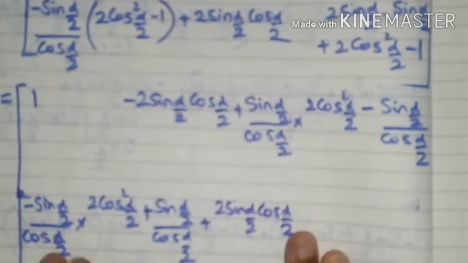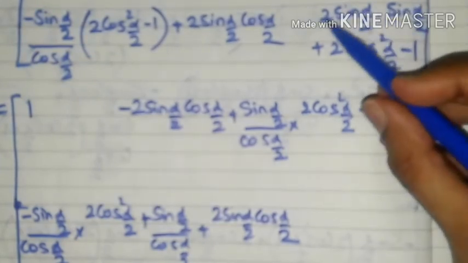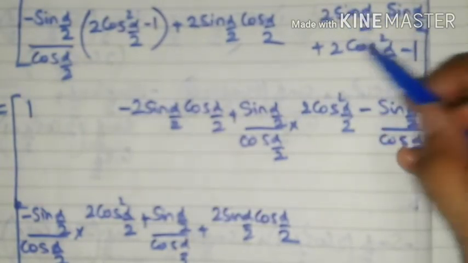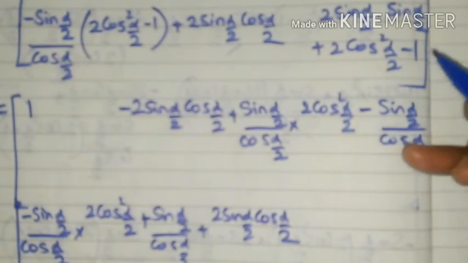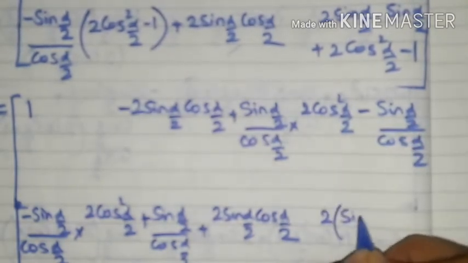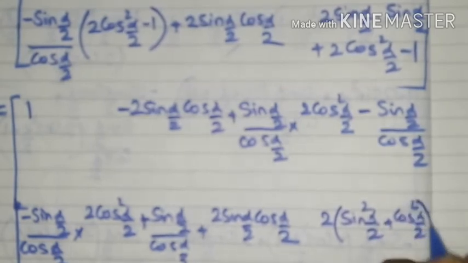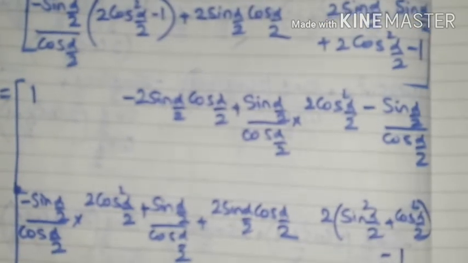So this is the third entry. Now the second row second column, again if you see, you will get 2 sin square alpha by 2 plus 2 cos square alpha by 2 minus 1. So that will be nothing but 2 of sin square alpha by 2 plus cos square alpha by 2 bracket and then minus 1. Okay, now let us see what to do further.